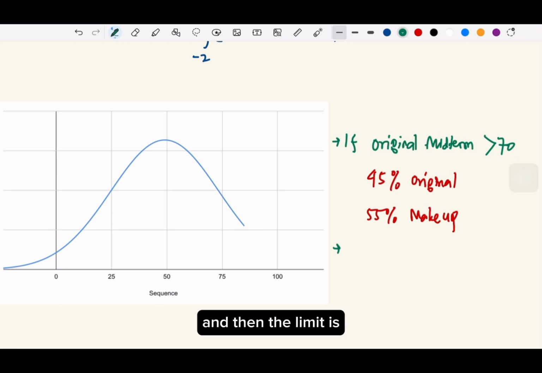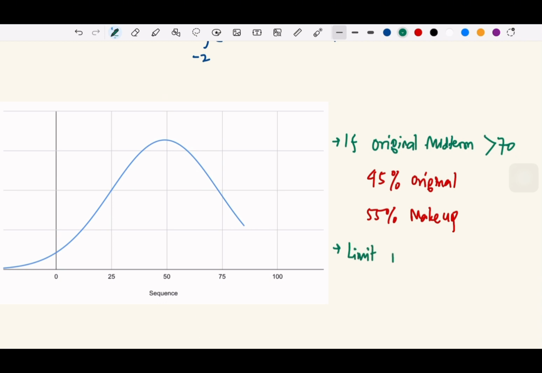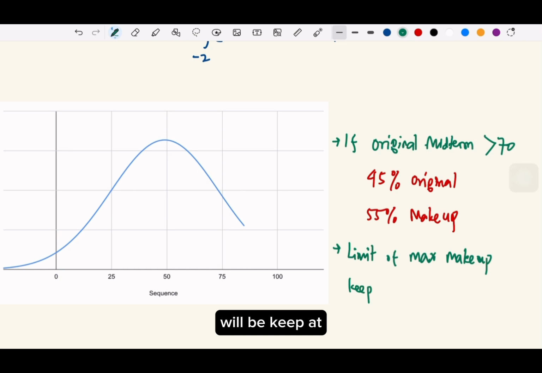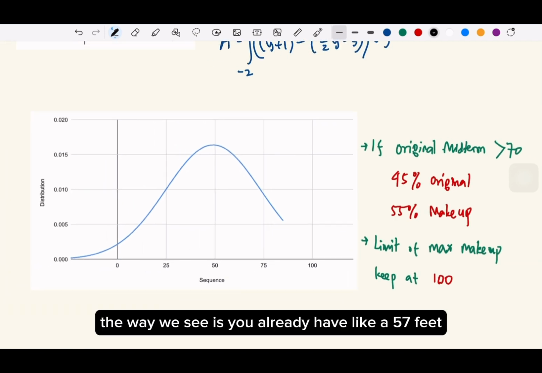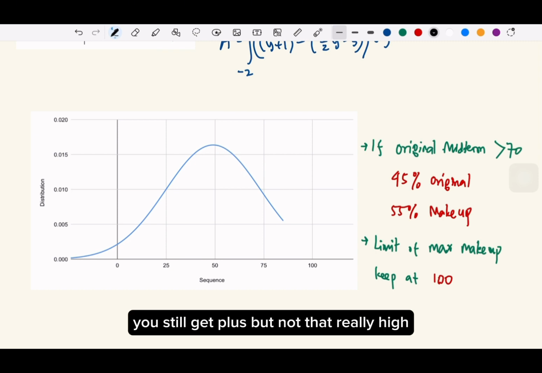The limit of maximum makeup will be kept at 100. So if you already have at least 70, you still get a plus, but not that high.